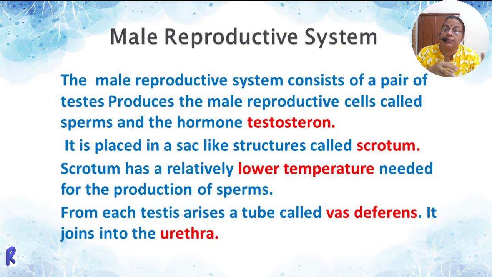Then why is the testis located outside? I said it was inside when the baby is in the mother's womb. Why does it descend and stay outside? Because sperm production requires a temperature 2 to 3 degrees centigrade less than our body temperature. Our body temperature is 37 degrees centigrade, so only 34 or 35 degrees centigrade is needed for the testis to produce sperm.